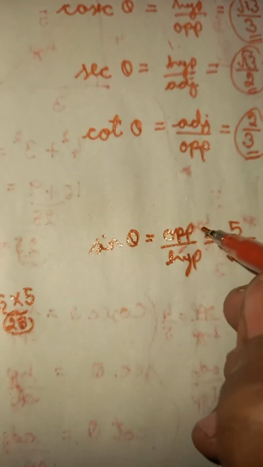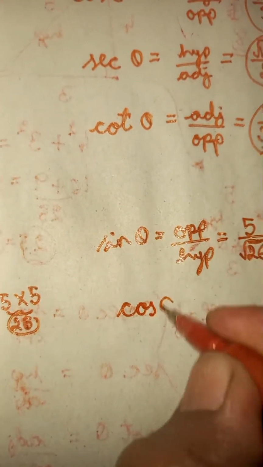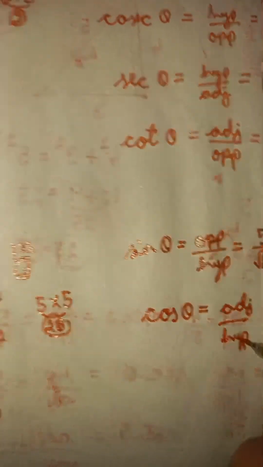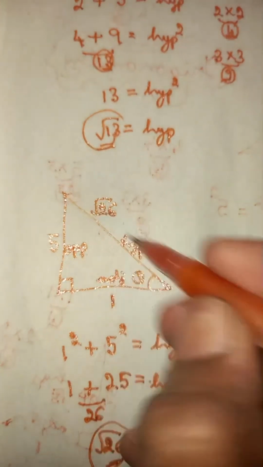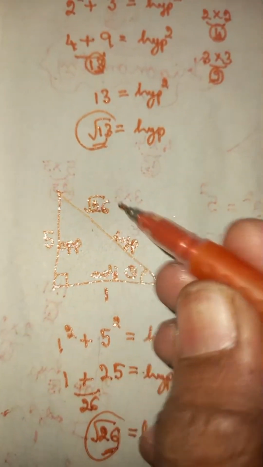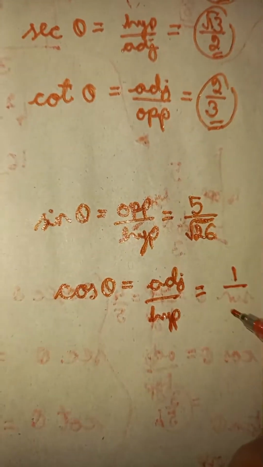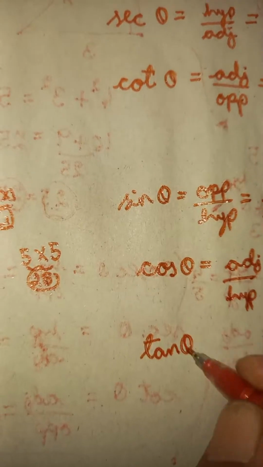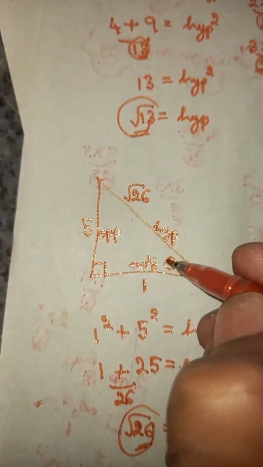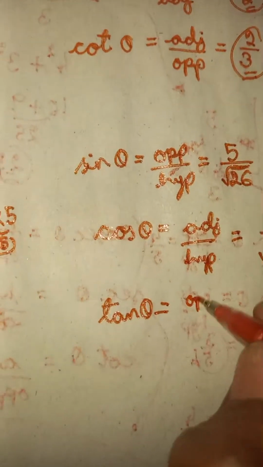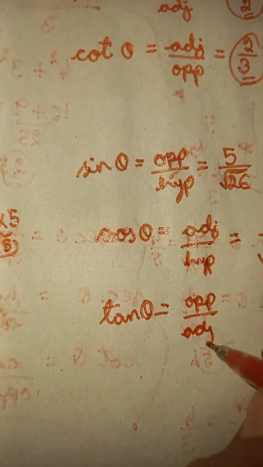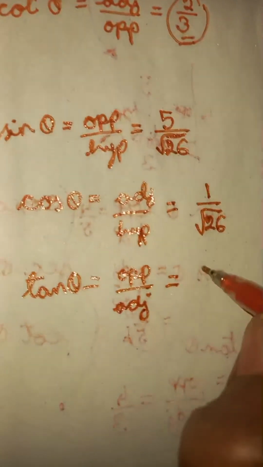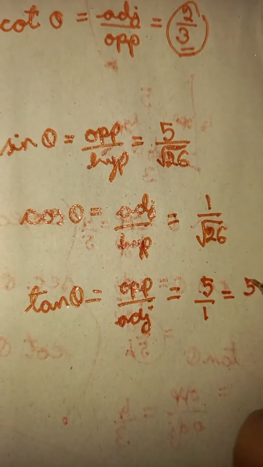Cos theta means adjacent by hypotenuse, that is 1 by root 26. And tan theta. Tan theta means opposite by adjacent. So this is nothing but 5 by 1, that is 5.